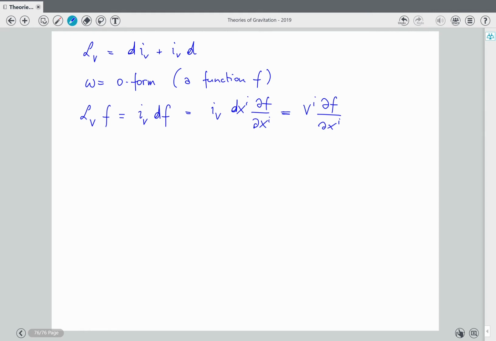The gradient of f multiplied by means of the scalar product with the vector. That's it.